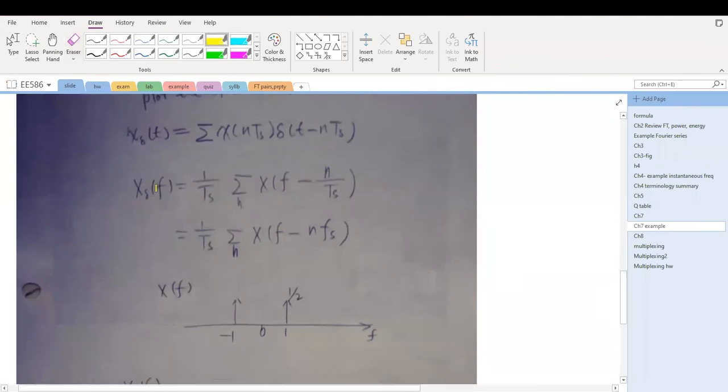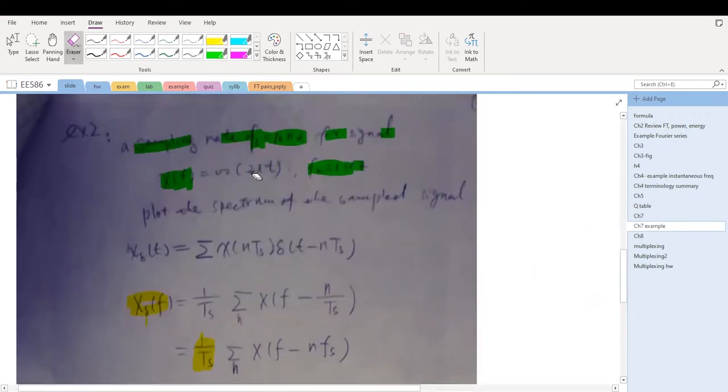The spectrum of the sampled signal X delta(f) equals 1/Ts, that's the scaling in the magnitude, and contains many shifted versions of the original spectrum. So the original spectrum is for a cosine signal, at 1 Hz and minus 1 Hz, negative frequency, and the magnitude is half. This is the spectrum for cosine signal 2 pi t.